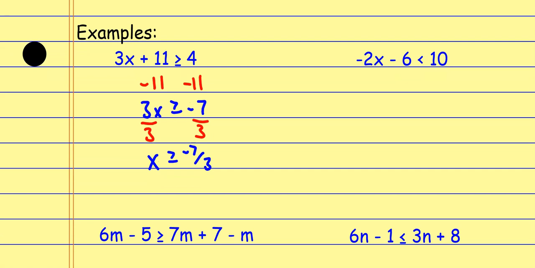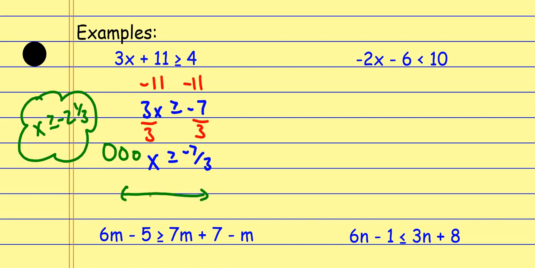Now, when we go to graph this on a number line, it might be better to think of it as a mixed number, because that's easier to graph. Remember, negative 7 over 3 is negative 2 1/3. I only think of it that way because it's probably easier to identify on the number line.